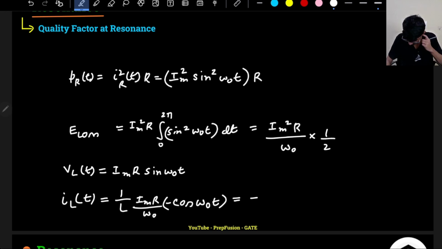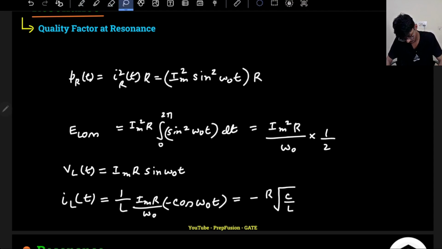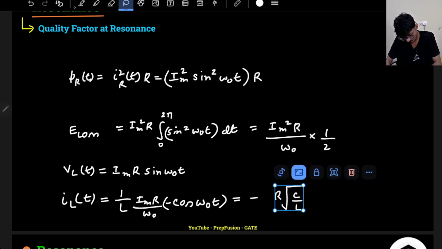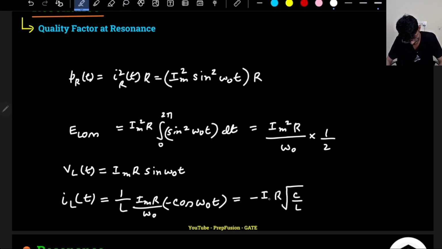So this will get cancelled, and it will be minus Im into R under root C by L cos omega naught t. Okay, this is the current.